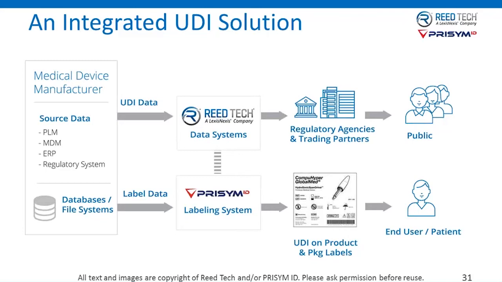I think, Chris, if you want to talk and just give an overview of that lower data flow, which is more directed toward the actual label that goes on the product and packaging. Yeah, sure. Thanks, Gary. Obviously, the source data can typically come from the same applications. There'll be information held in the PLM system or the ERP system.